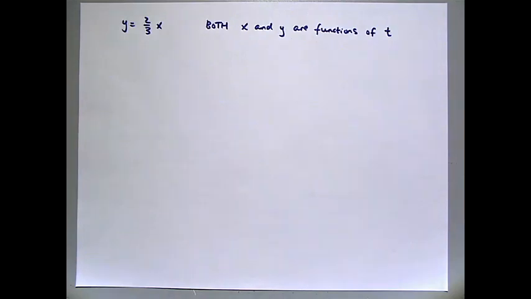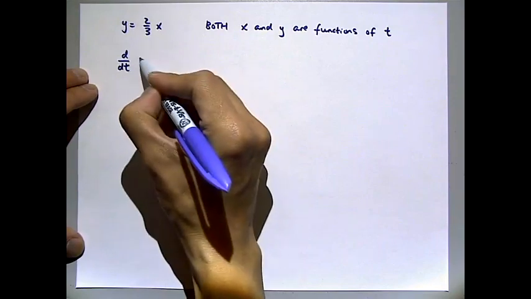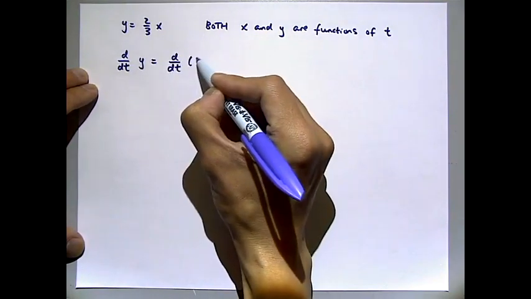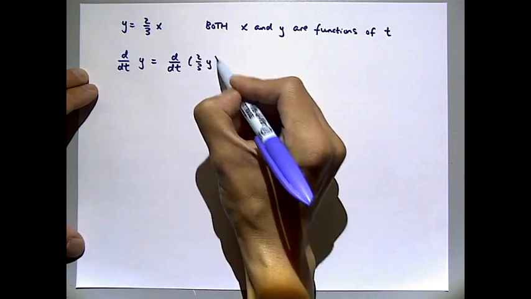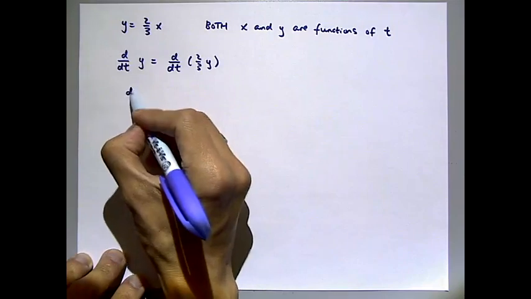And because he's moving at all times, both of these things are going to be functions of t. When you take the derivative, be careful to remember that fact. Left-hand side, of course, is simply dy/dt.